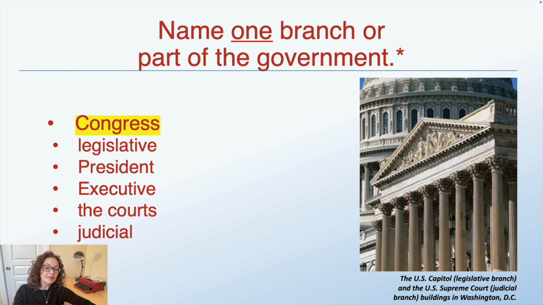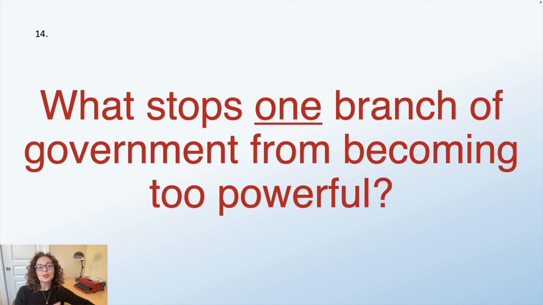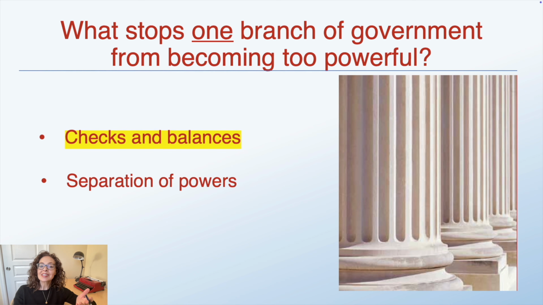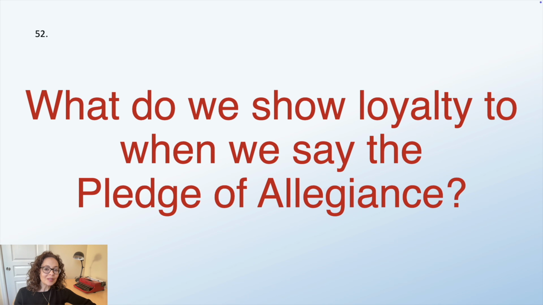Congress. What stops one branch of government from becoming too powerful? Checks and balances.